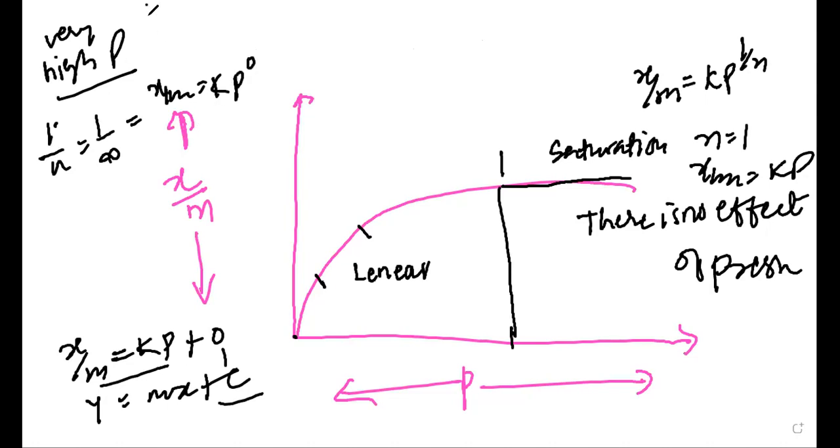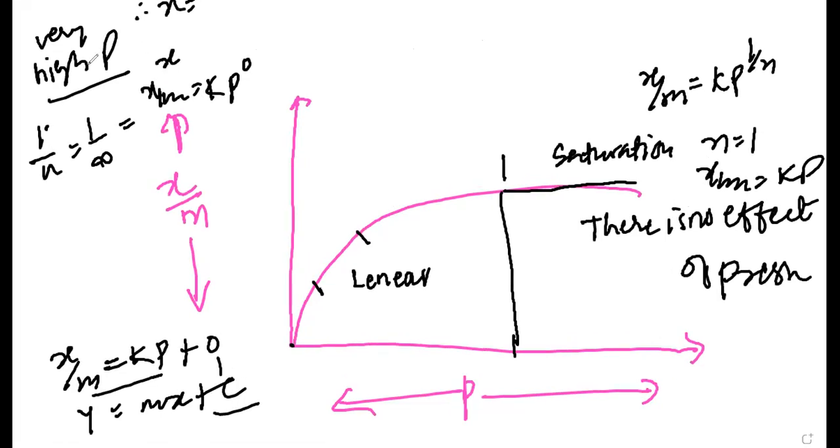Therefore, at very high pressure, x by m is equal to k, because p raised to 0 is equal to 1, and thus the graph is parallel to the p axis, and there is no effect of pressure at very high pressure.